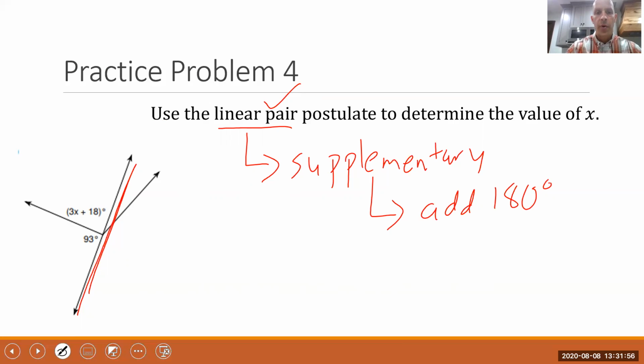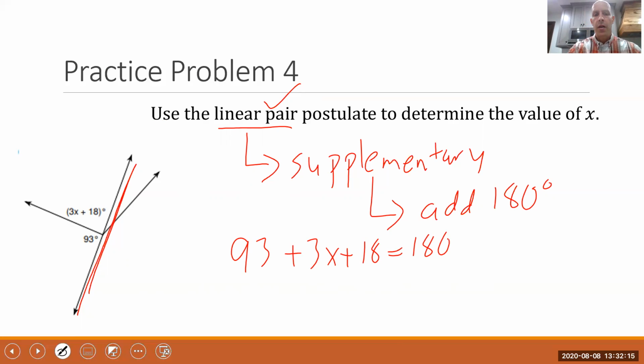So to solve this problem, I need to say that 93 plus 3x plus 18 equals 180. And again, there's kind of a lot going on here, so I apologize if this is a little overwhelming.